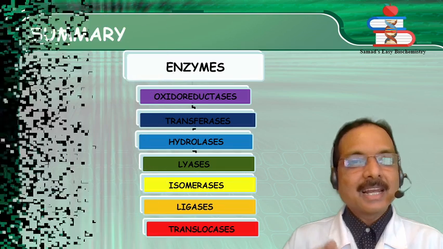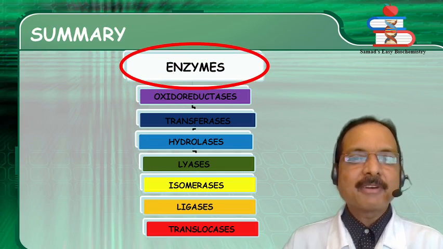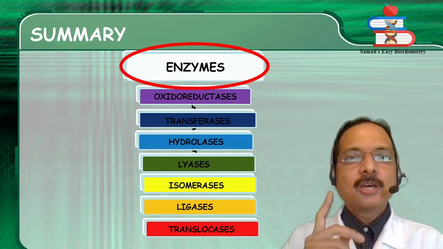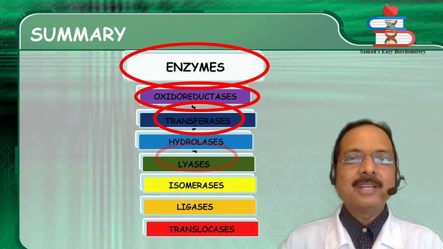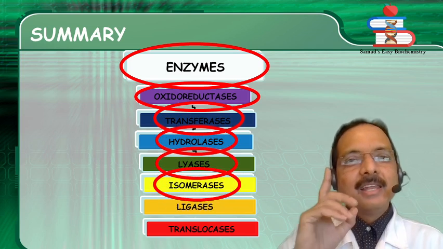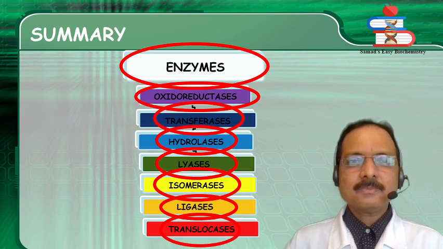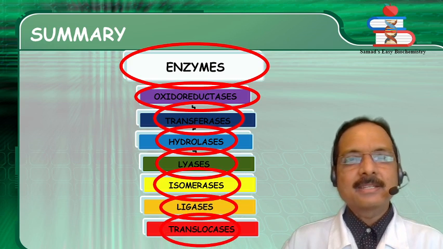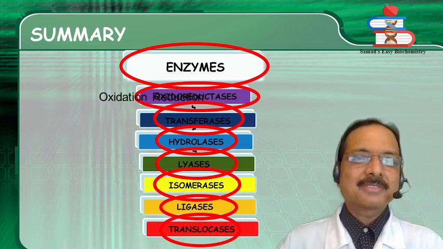So friends, let us quickly summarize the classification of enzymes. Enzymes are classified into 7 classes. First, oxidoreductases, transferases, hydrolases, lyases, isomerases, ligases, and translocases. Oxidoreductases catalyze oxidation-reduction reactions.